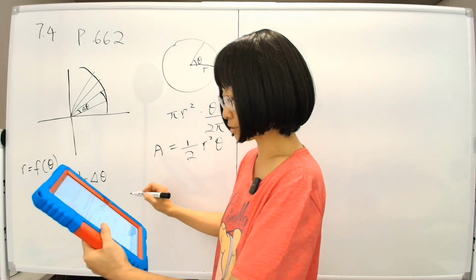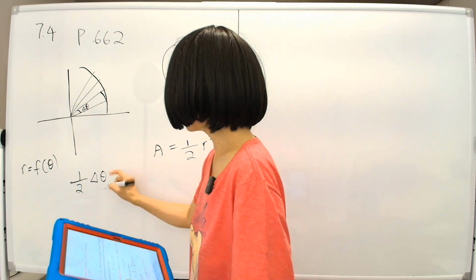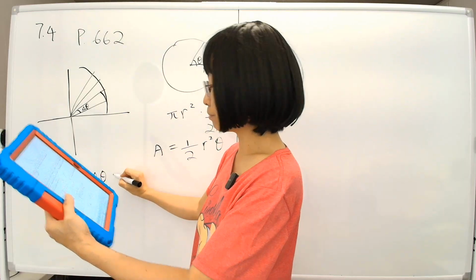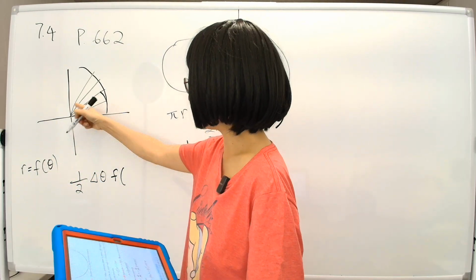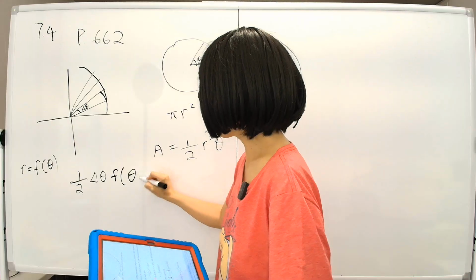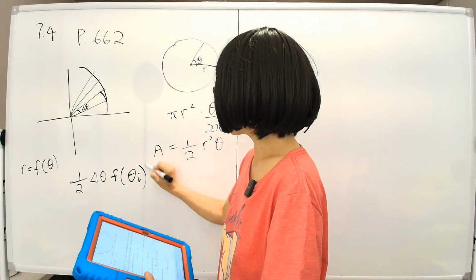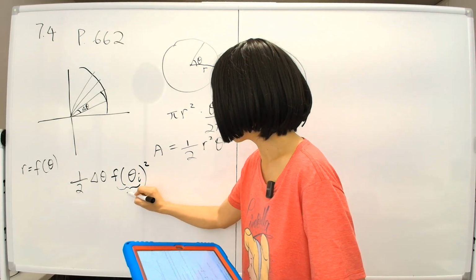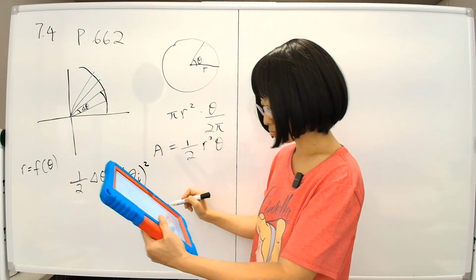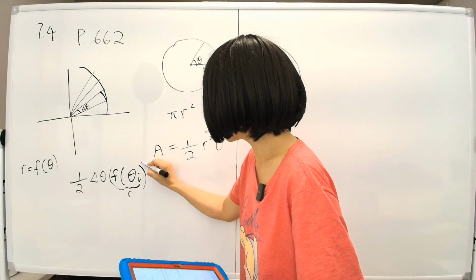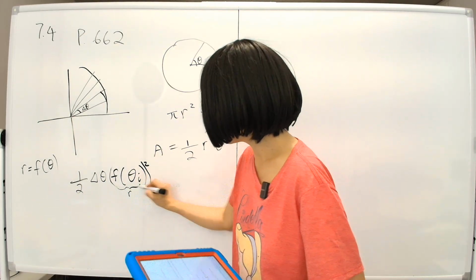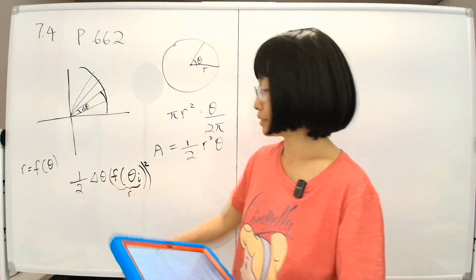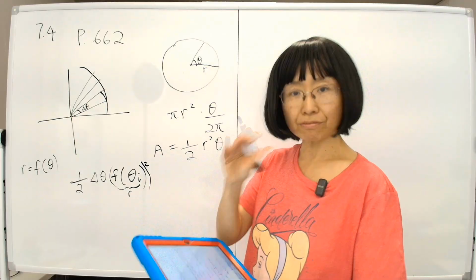Delta theta is the same because we're slicing it into equal parts, but f of theta depends on each angle, so it becomes f of theta i, and then squared. So this is the r squared business. That whole thing within the parentheses is the radius, and then you multiply by delta theta, divide by 2, and that's the area of your one slice.